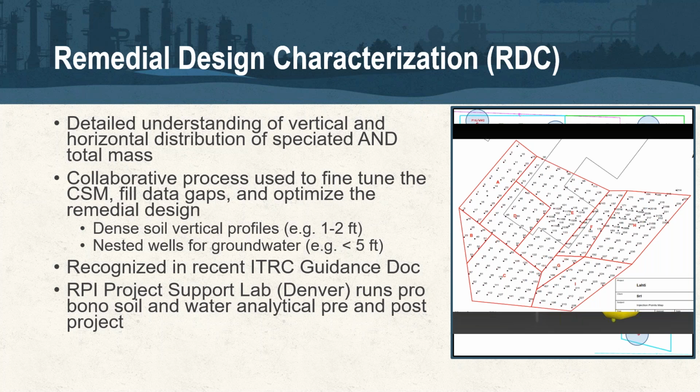Each of these areas is broken down vertically as well, so you may have a shallow, intermediate, and deep interval, depending again on where the mass is. This optimization process almost always pays for that upfront additional characterization work.